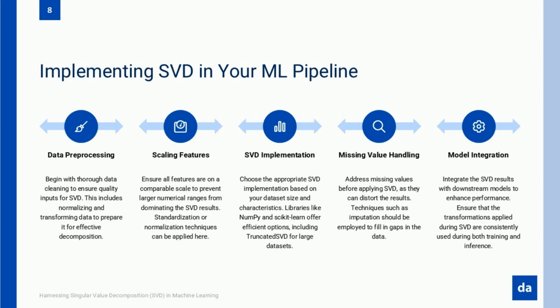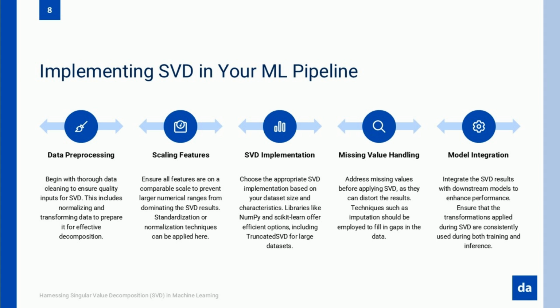Once you've computed your SVD components, integrating them into the downstream pipeline requires careful design. A structured approach involves creating pipeline objects that connect your dimensionality reduction step directly to your modeling stage. This ensures consistency between how data is processed during training and inference.